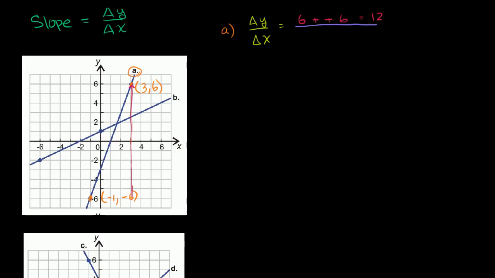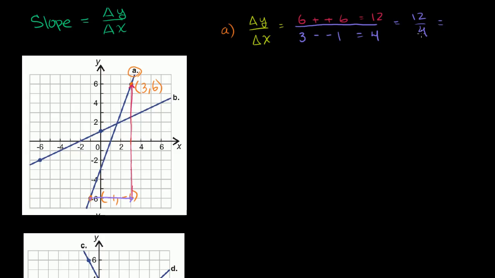Well, we went from x is equal to -1 to x is equal to 3. Right? X went from -1 to 3. So we do the endpoint, which is 3, minus the starting point, which is -1, which is equal to 4. So our change in y over change in x is equal to 12 over 4.